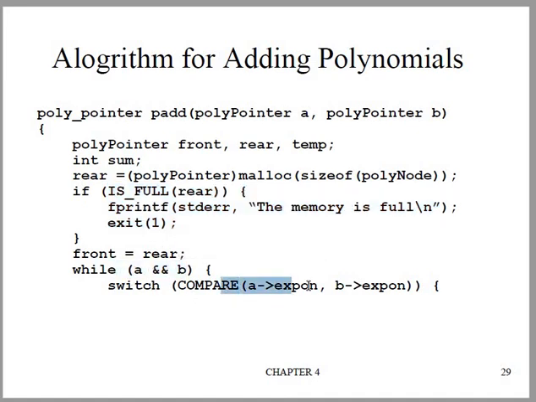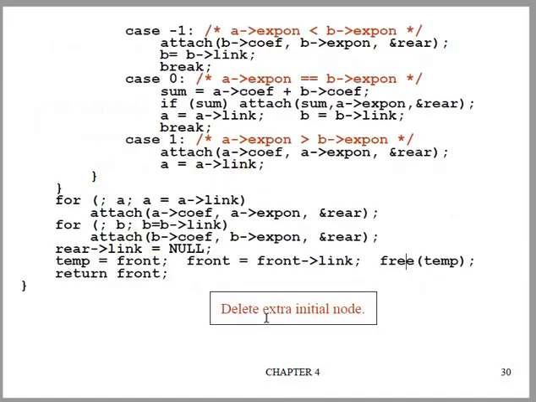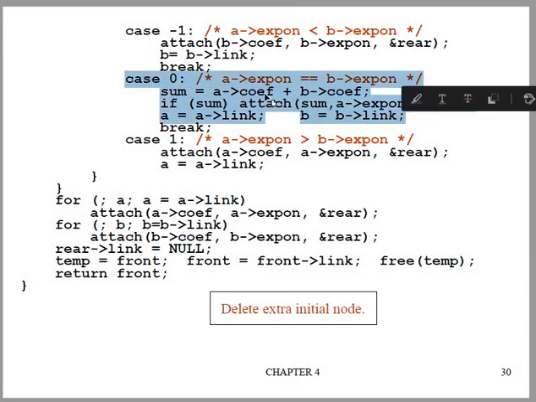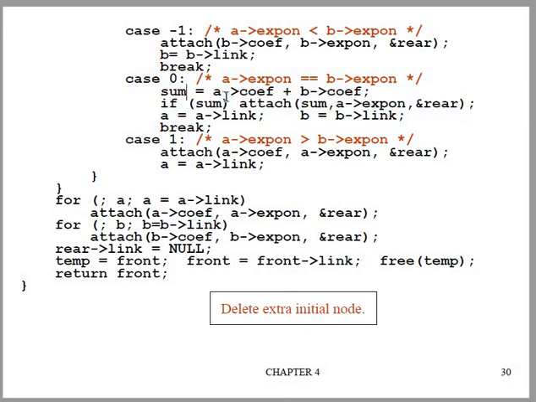Then while a polynomial and b polynomial terms exist, we are going to compare the exponents of a and b polynomial terms. If the exponents are the same, then add the coefficients of a and b. If the sum is not 0, then we will attach it to the resultant polynomial. Then we will fetch the next terms in the polynomials, a equal to a link, b equal to b link.